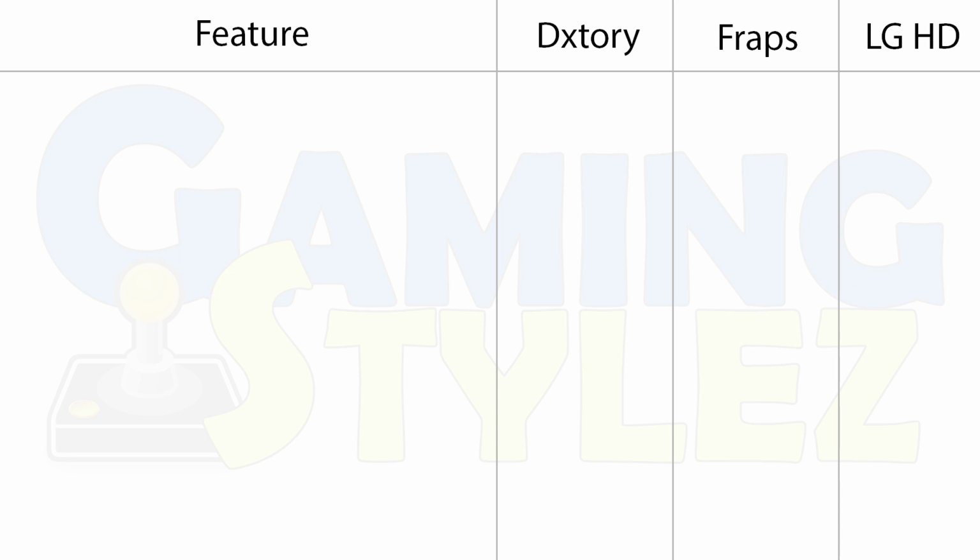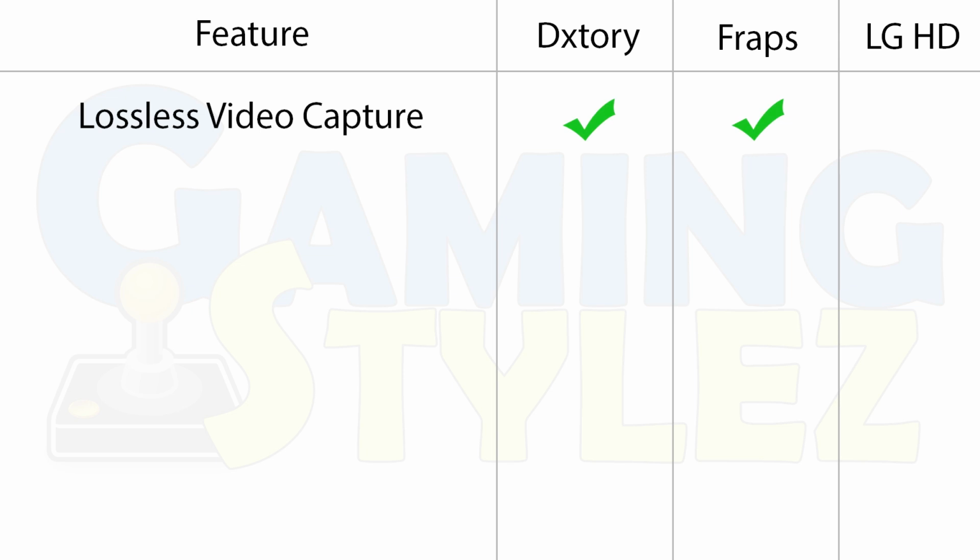So the first feature we're going to get into is lossless video capture. What this means is that the video that is recorded is, for all intents and purposes, identical to what you're seeing on your screen. Dxtory and Fraps can both accomplish this, while the Live Gamer HD does not, at this time anyway.